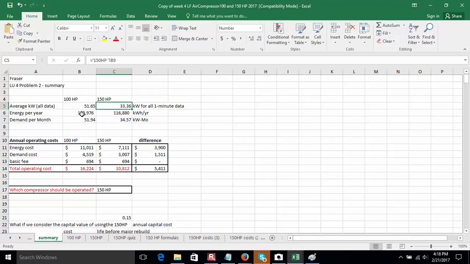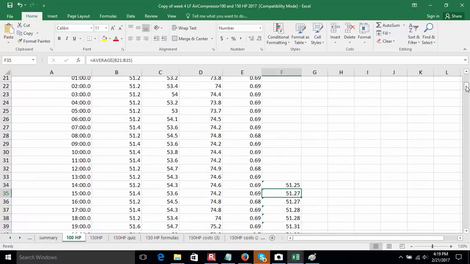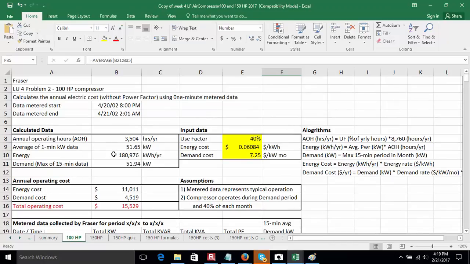Okay. Now, energy per year. This is coming from HPB10. Let's see that one. So here's where it's running at 40%. Your total hours per year is 8760, and the motor is going to run 40% of the time.